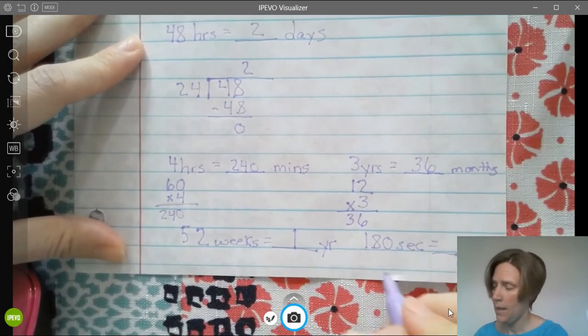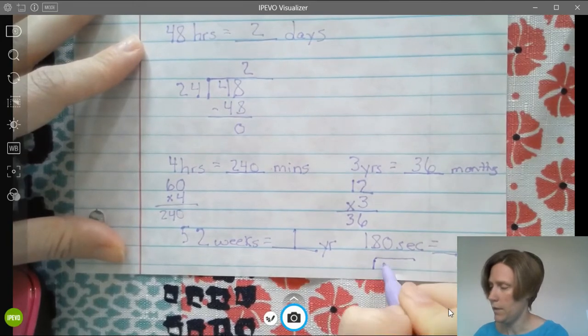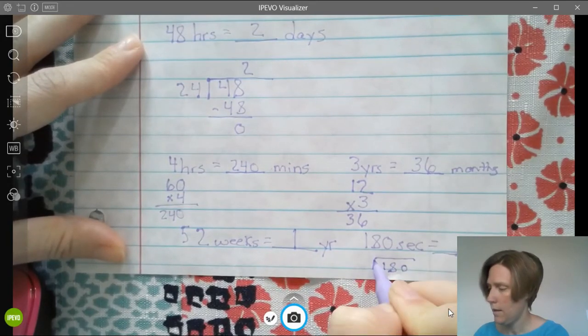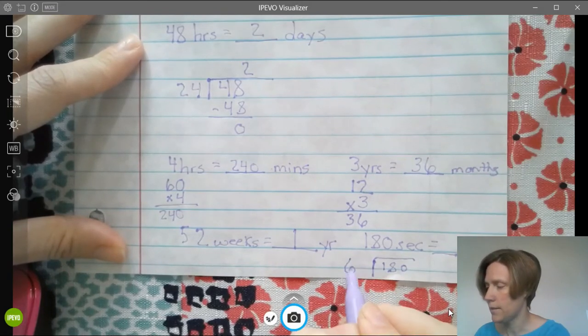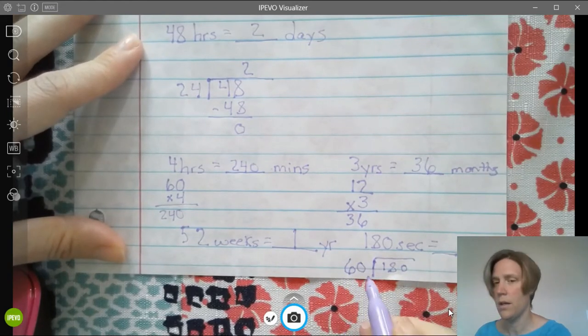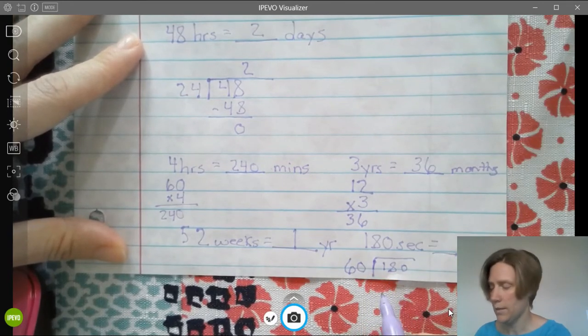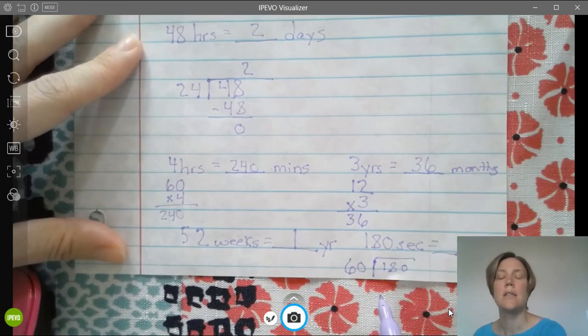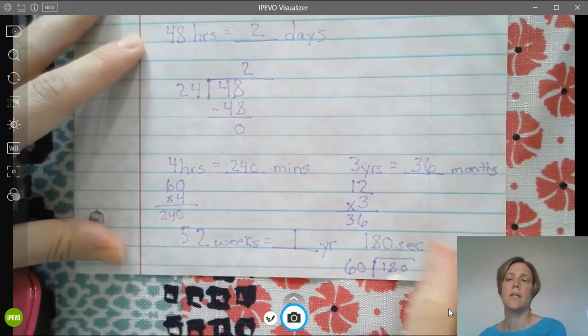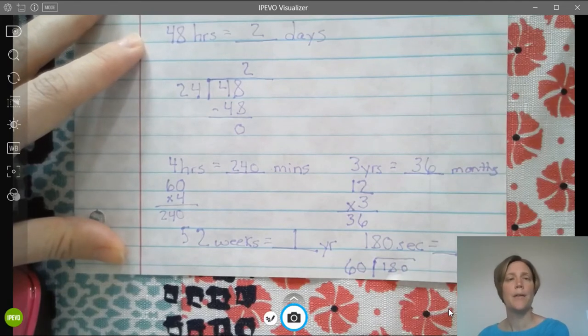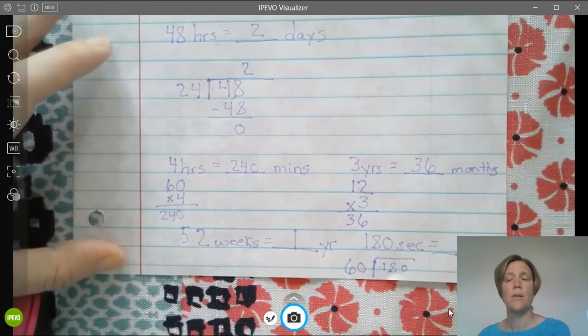I'm going to write down 180. I'm going to divide by 60 because I know that there are 60 seconds in 1 minute. You can do this the standard way. If you still don't know how to do the standard way, you can use Big 7, you can use the grid model. Any of the methods that you have learned this year will work for you.